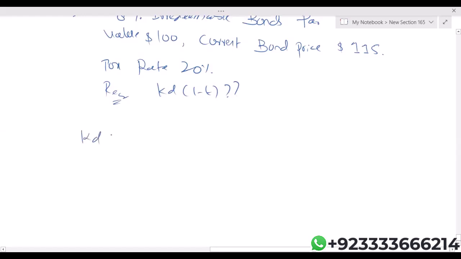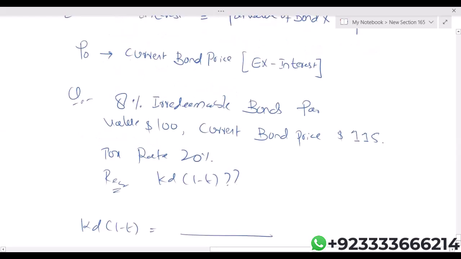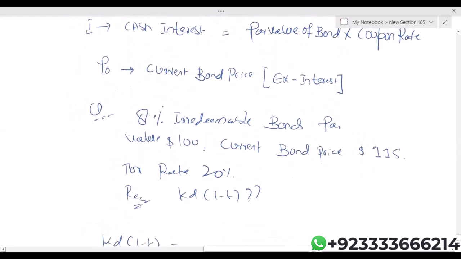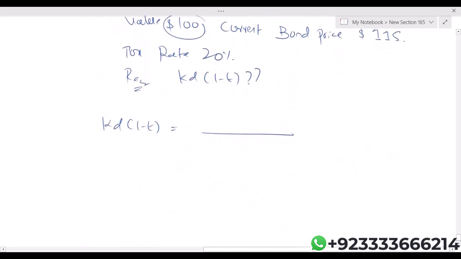KD1 minus T is equal to, obviously coupon rate is 8%, par value is 100, so it becomes $8, 100 multiplied by 8% is 8, into 1 minus tax rate, divided by 115. Nothing is mentioned, and given price is ex-interest.